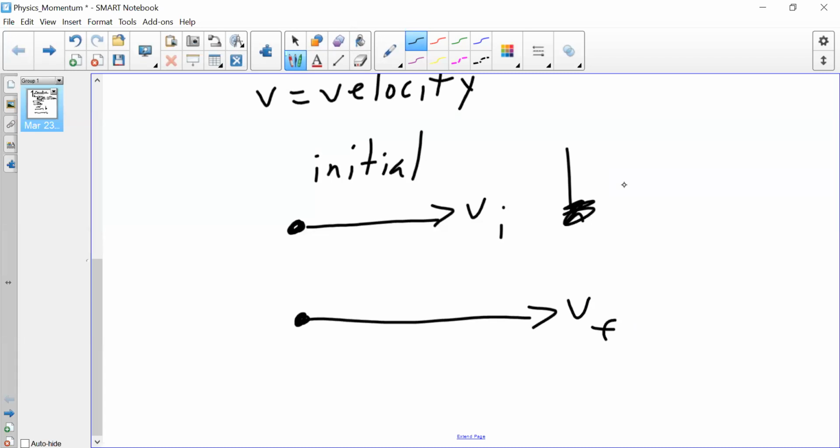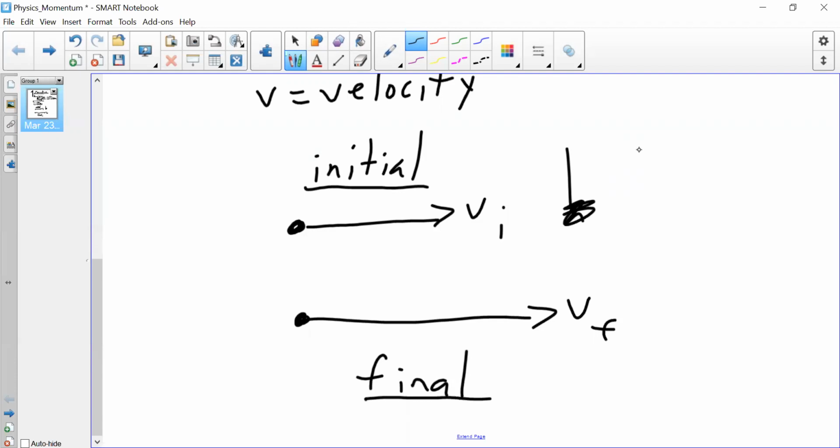So this hockey stick comes in and hits the hockey puck, and then the final case right here, it moves at a larger speed, let's say, or it could move at a smaller speed. But the point is, the speeds are going to be different from the initial case and the final case, okay, by the introduction of an outside force.